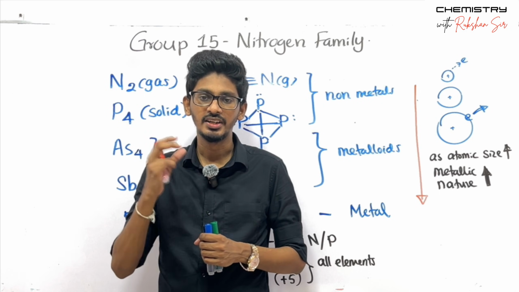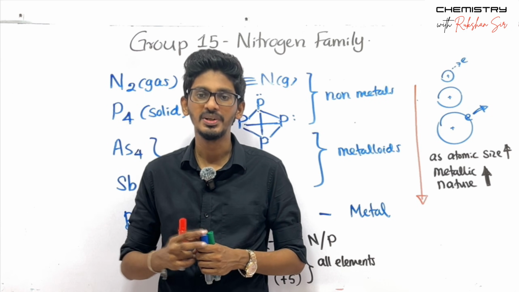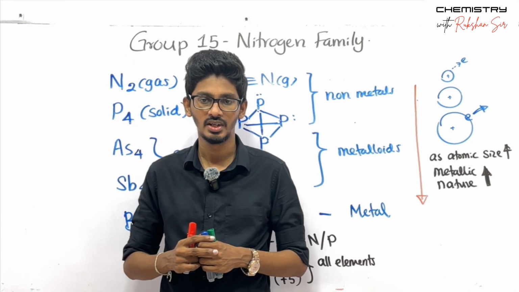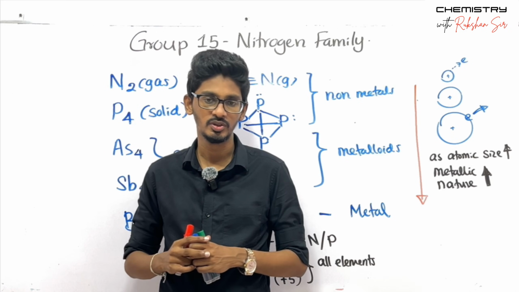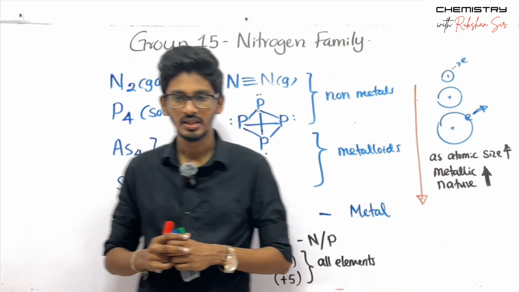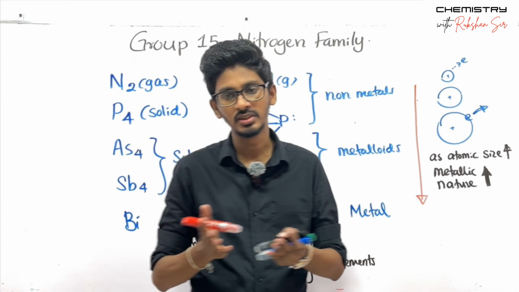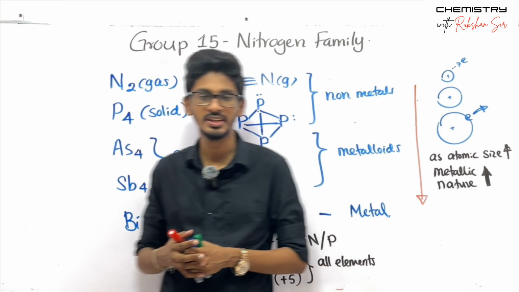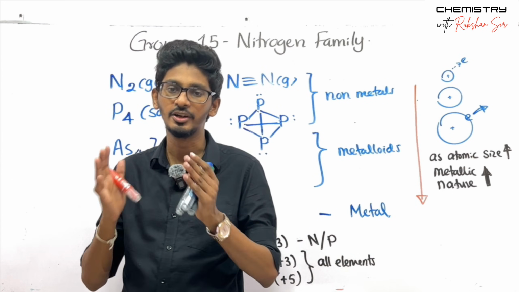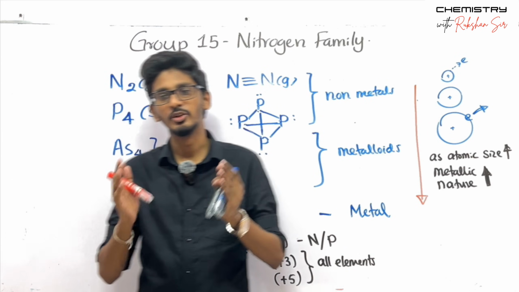That is something important to note here. Let's discuss a bit about that. Bismuth shows the +5 oxidation state rarely. The +5 is the highest oxidation state available with the group 15 elements.